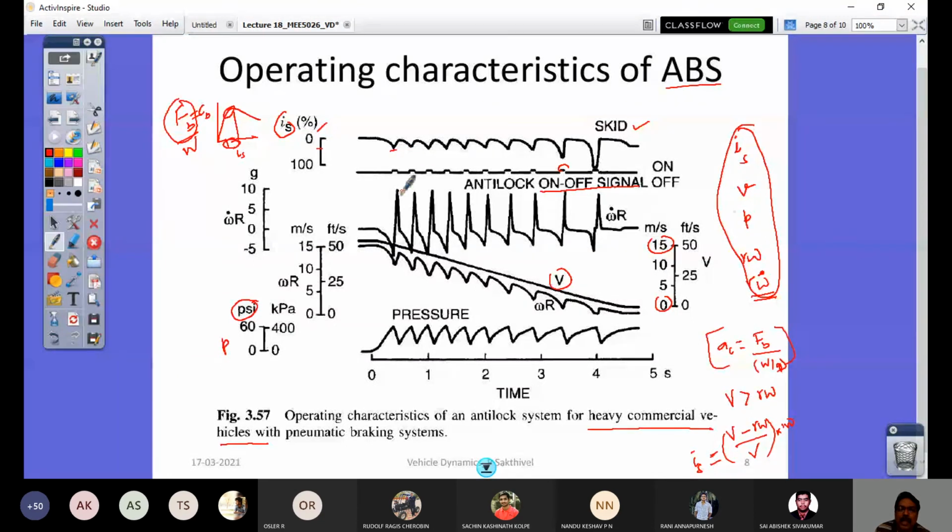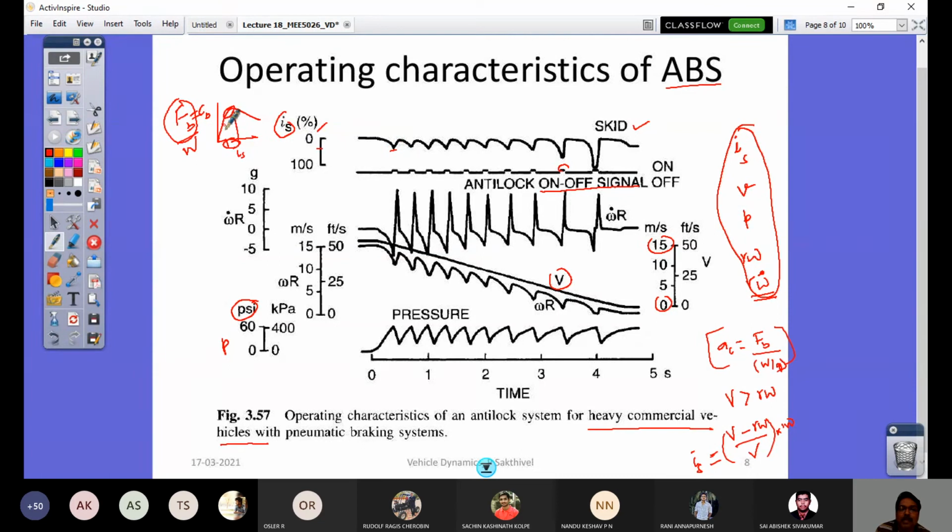You can see that when it is on, the skid is reduced. When skid is reduced, what do you mean by that? Your braking effort comes down here.